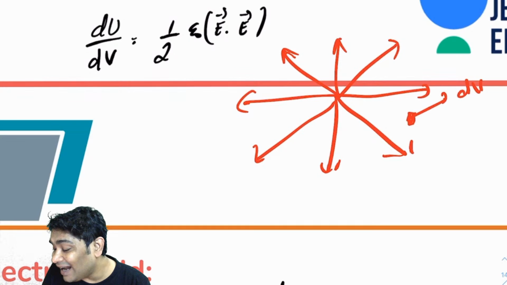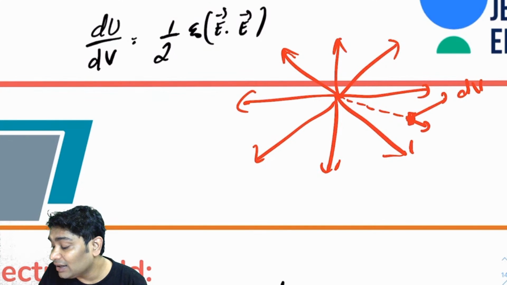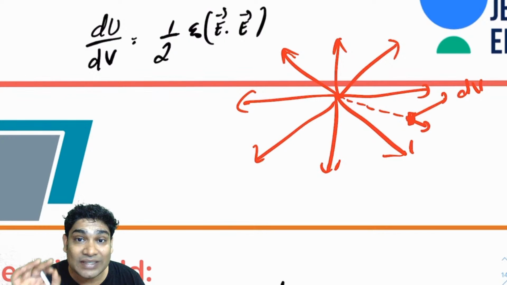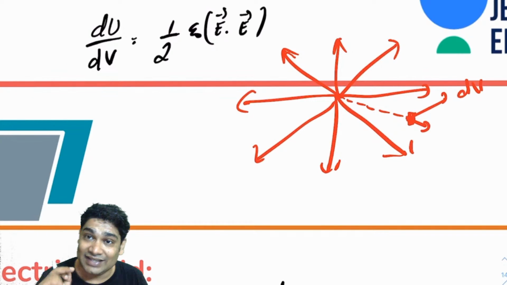Now in this entire dV, you can consider that the value of E is constant. I am taking dV to be such a small volume that the electric field magnitude as well as direction can be considered constant in this region.